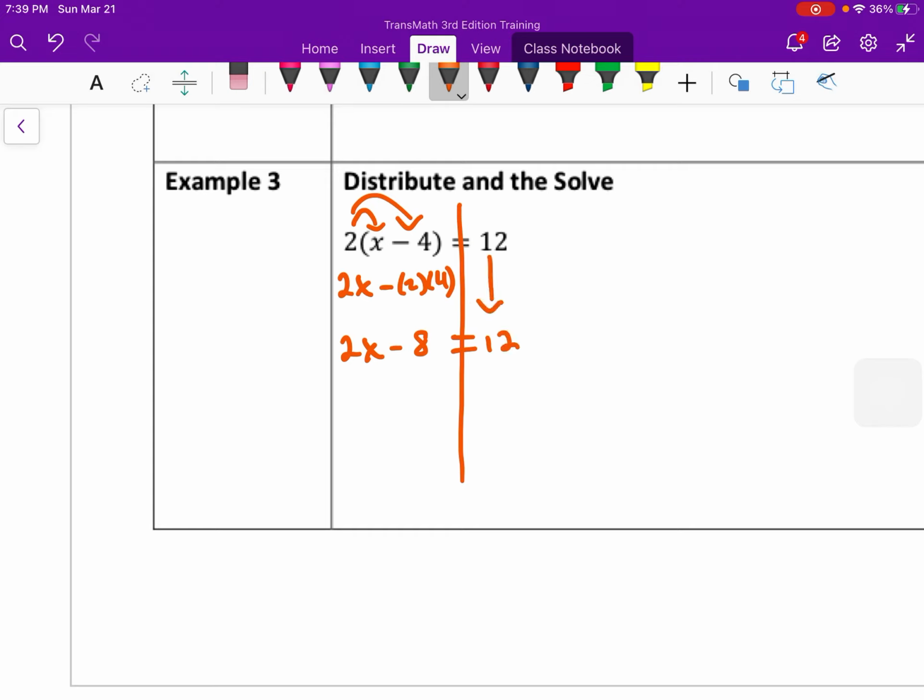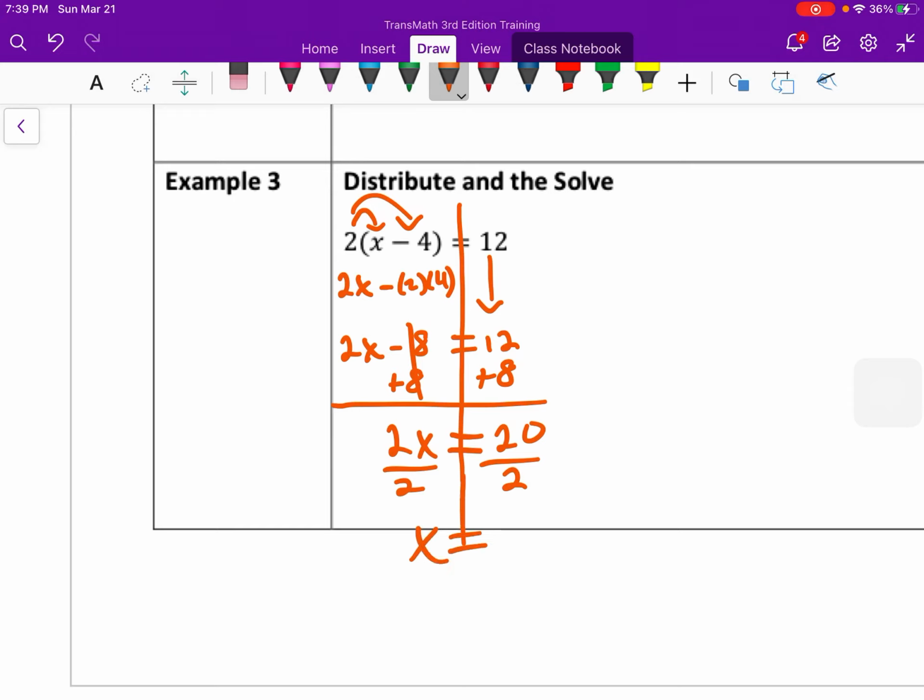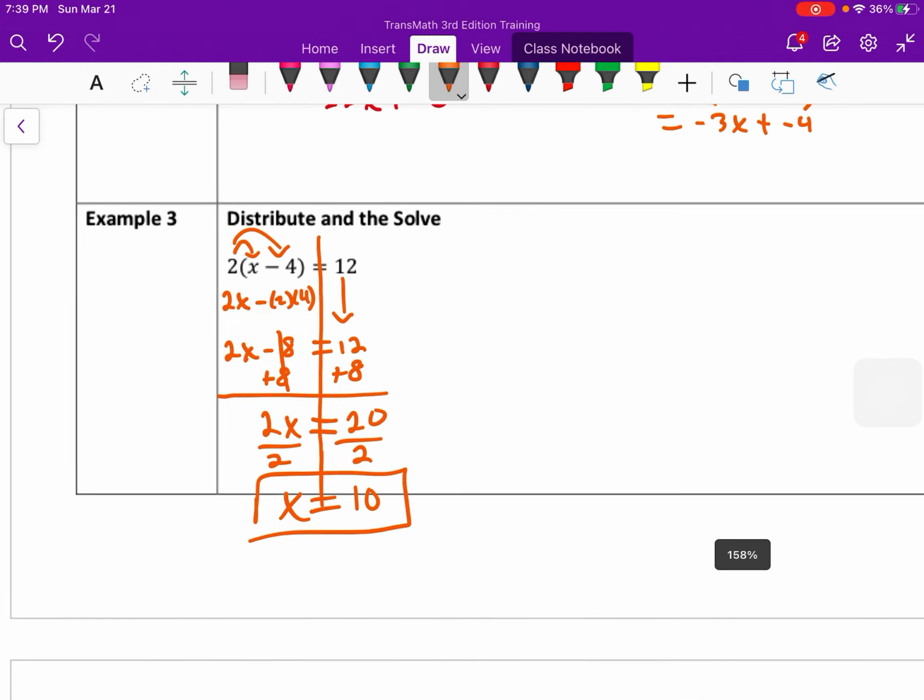I'm just dropping that down. Now we can do our inverse operations, and we're solving for x, so that we have 2x equals 12 plus 8 is 20. Divide by 2 on both sides. Again, what you do to the left, you must do to the right. So then x equals just 10 here.